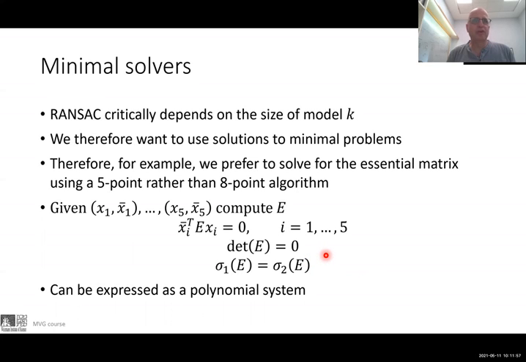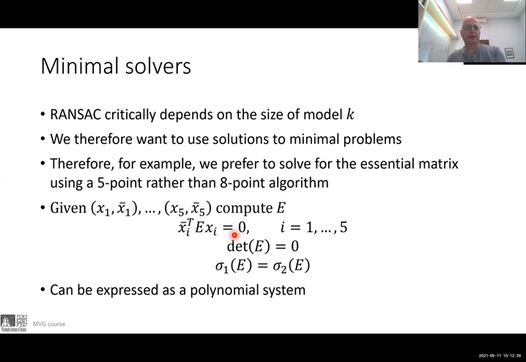So to solve for the essential matrix, just to remind you first, the essential matrix satisfies a bilinear equation, right? Where given correspondences xi and xi bar, which are points in 2 images, the essential matrix gives you this equation.